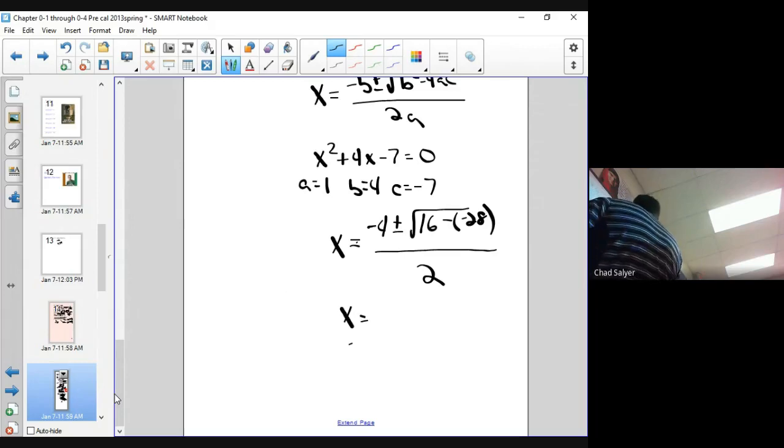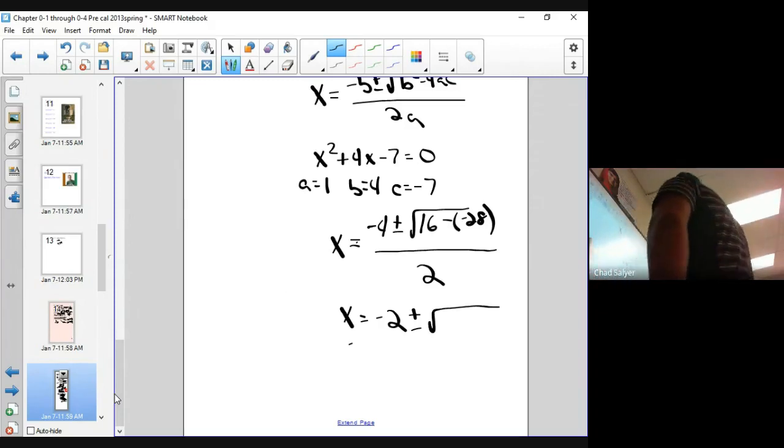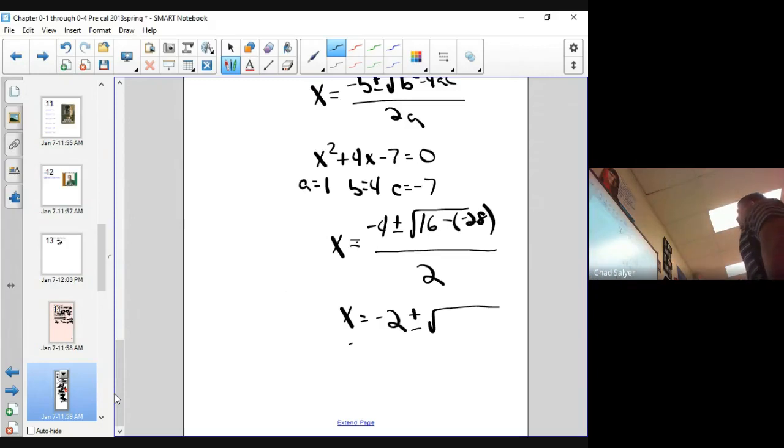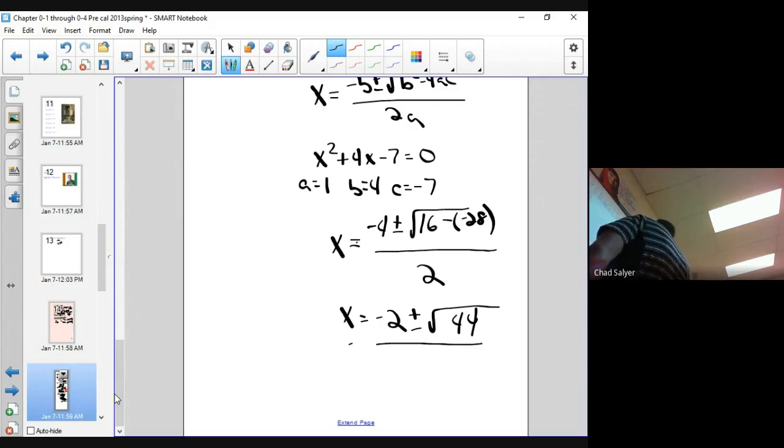So x is going to equal negative 2 plus or minus the square root of 16 minus a negative 28. So let's see, that's going to be 16 plus 28, which is 44 over 2.